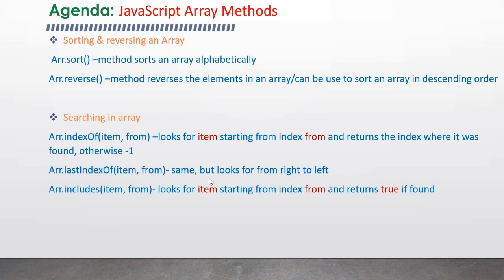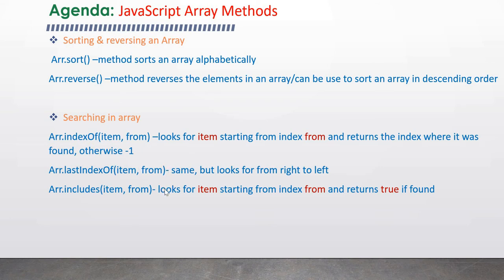So it's the opposite, but it does the same job. Another method is called includes. Includes looks for an item starting from the index from and returns true if it's found. So those are the main methods. There are a few other methods available in array, but we have had a little discussion of the methods we talked about, and now we're going to see examples.